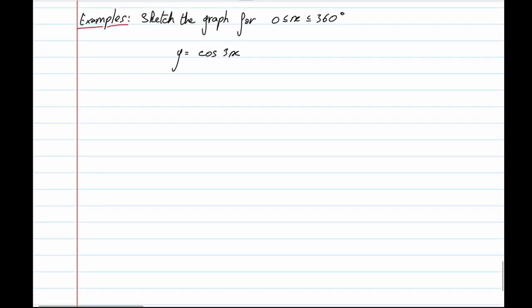So here we have to graph y equals cosine of 3x for x between 0 and 360 degrees. First thing we can notice, the axis of the curve is y equals 0. Amplitude is 1, so the max is 1 and the minimum is negative 1. So here we're only going to play on the period.